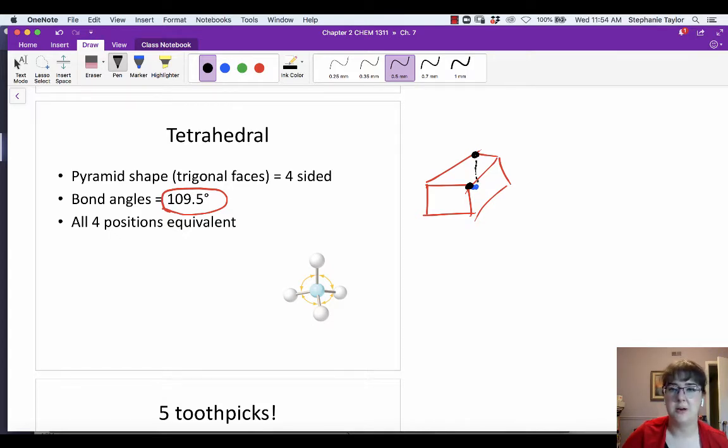So here's my electron domain trying to go in between there. But then instead of it being on the same places, I'm going to draw these on opposites. So it will then be on that opposite side. So down over here. My drawing is not excellent. But notice in here that all 4 positions then should be equivalent.